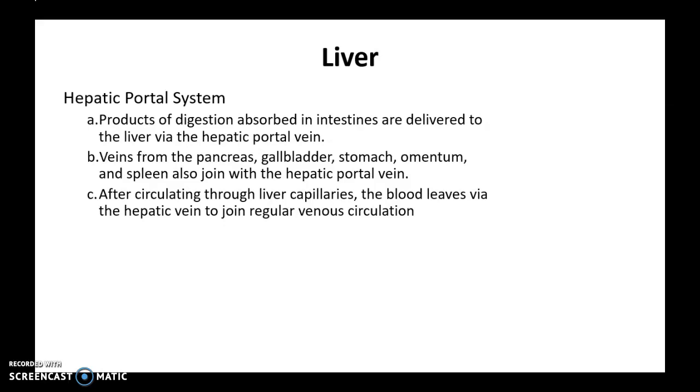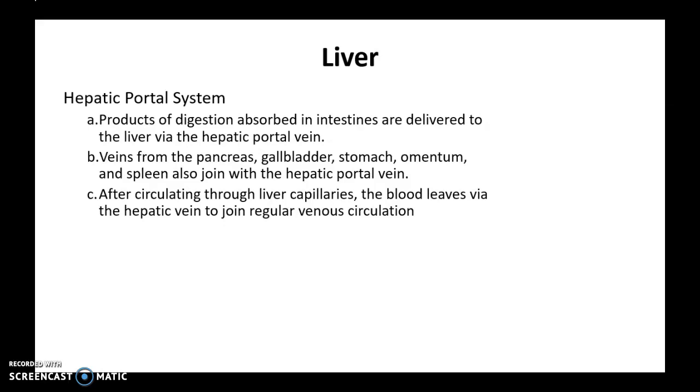They are different and their functions are different as well. The hepatic portal vein is a vein that carries nutrient-rich but oxygen-poor blood towards the liver.